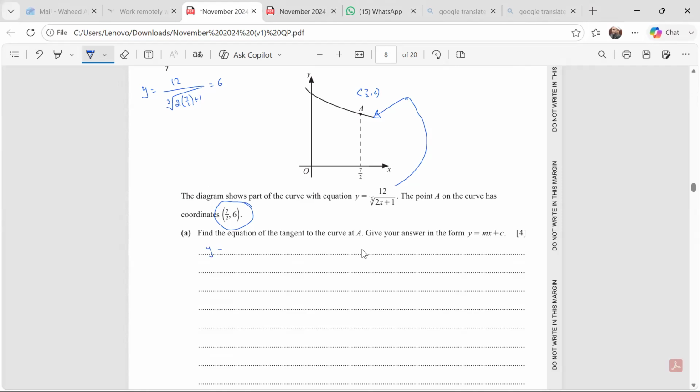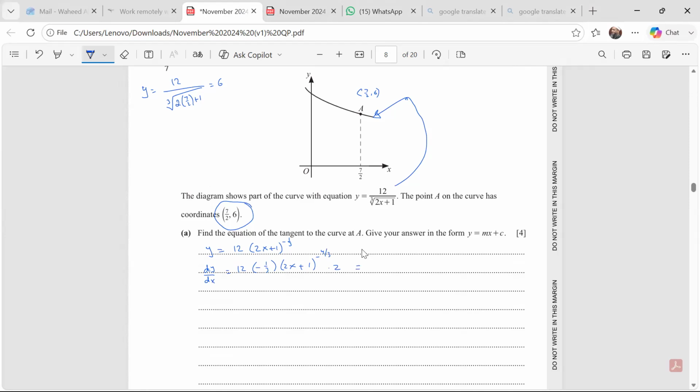I can write y as 12 times (2x plus 1) to the power minus 1/3. So dy/dx would be 12 times minus 1/3 times (2x plus 1) to the power minus 1/3 minus 1, which is minus 4/3, and the derivative of the inside is 2.